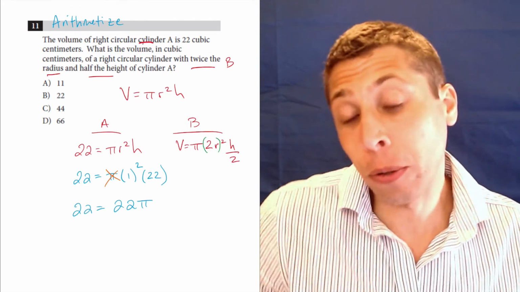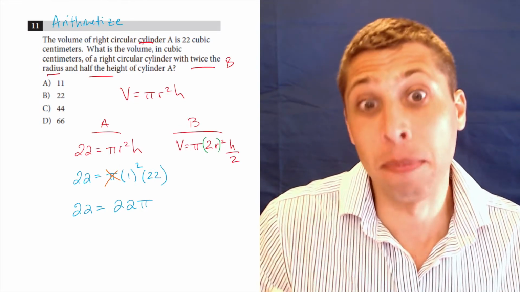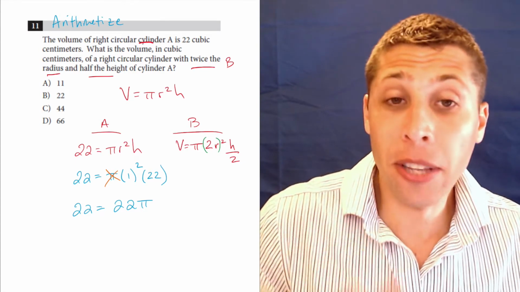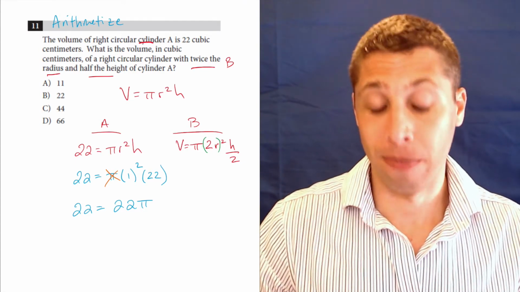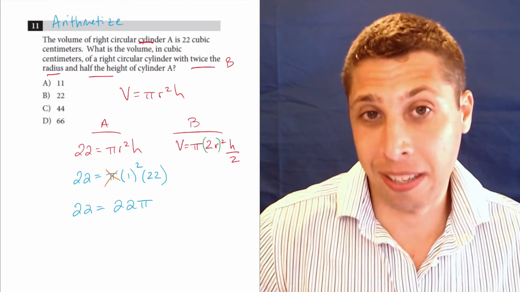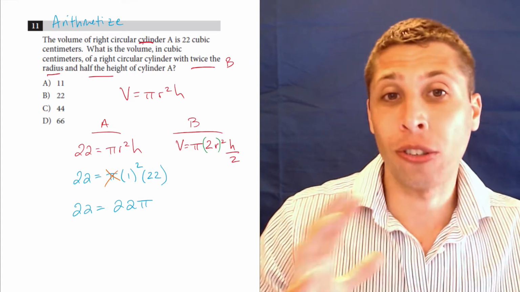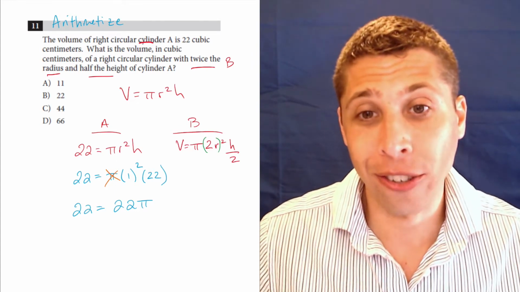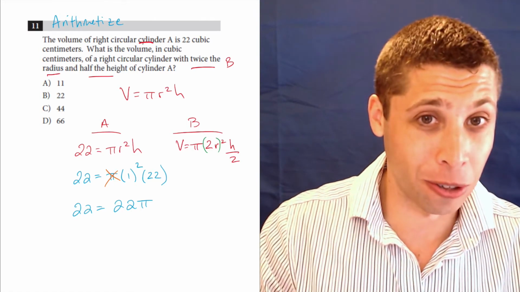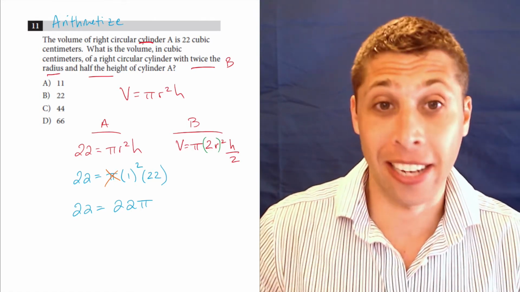But pi, even though it looks kind of like a variable because it's a symbol, is a number. And it's a number that doesn't change. Pi has a specific value. So I'm kind of using that to my advantage here. I know that certain aspects of the formula are going to change, but I know that pi is a constant.